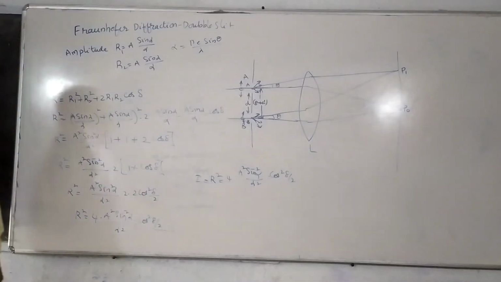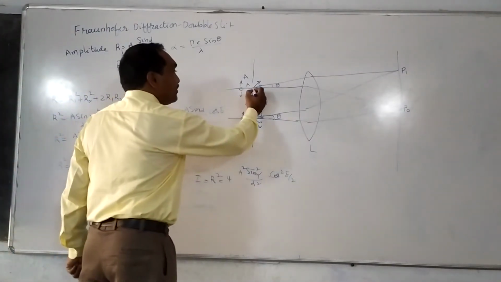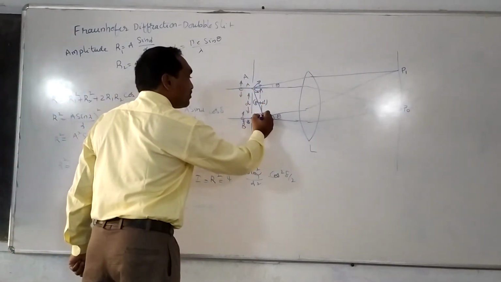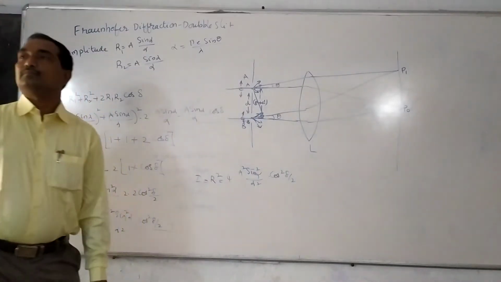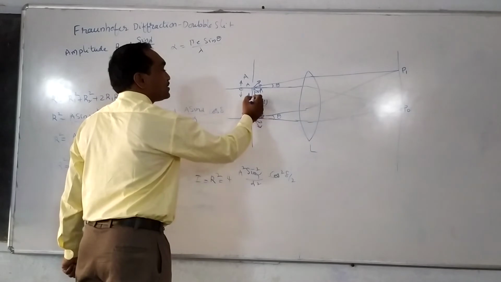What is the value of delta? We don't know. Alright? We have to calculate that value of delta. How? By using this analysis. When we draw a line here, that is the normal. If the angle of diffraction is theta, this angle is also theta.